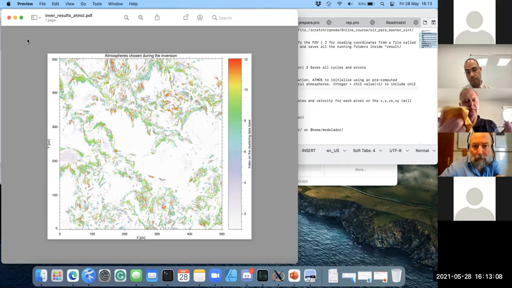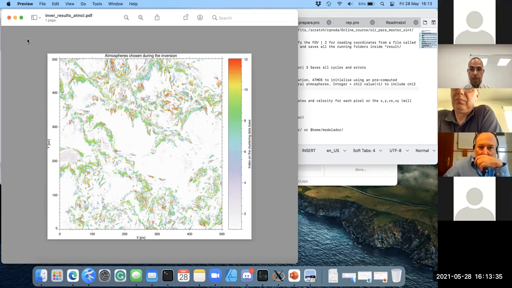Then it's okay. You can run the program. If you are looking for a very good fit, with a stringent threshold value, then you can work with more atmospheres.